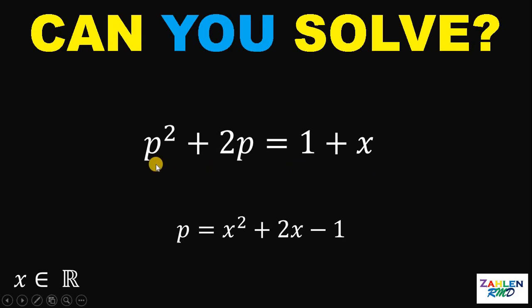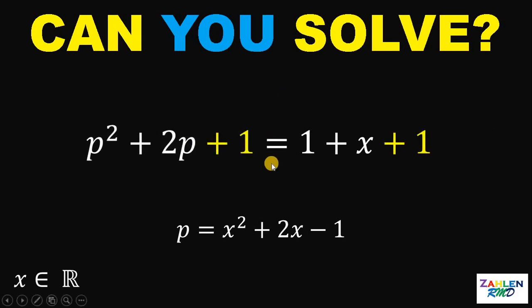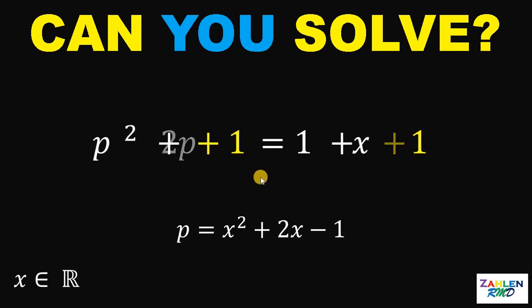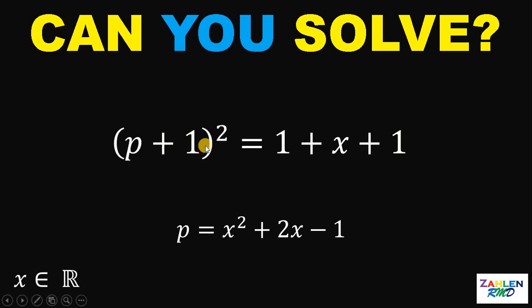Now, notice that p squared plus 2p is somewhat related to a perfect square trinomial if we have 1 on this term. So let's add 1 on both sides. So we have p squared plus 2p plus 1. And this is now factorable and is equivalent to p plus 1 quantity squared. Now on the right hand side, we have 1 plus 1 or simply 2.